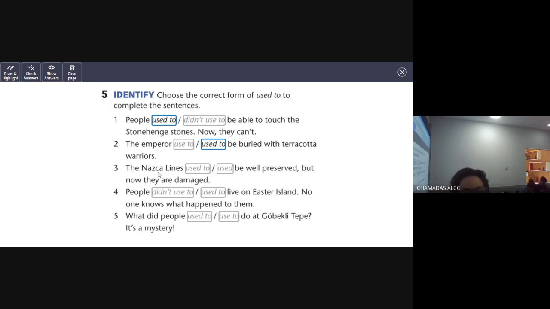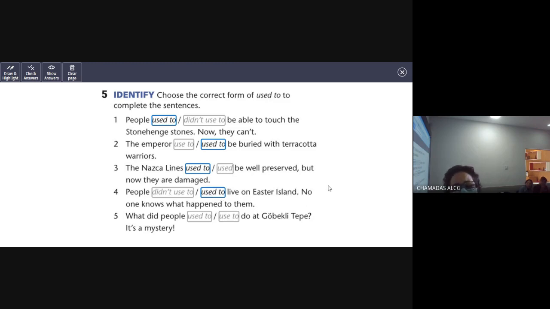Number 3, the Nazca lines used to be well preserved, but now they're damaged. What a pity. Number 4, people... used to, I don't know.